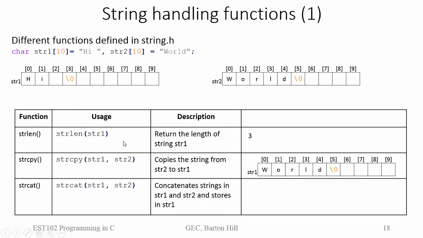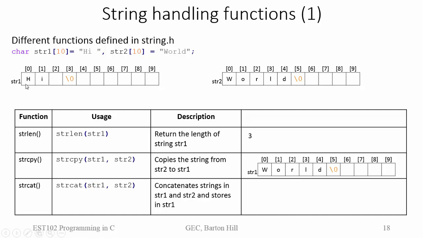Okay. Now the next function is strcat. The usage is like this: strcat with two parameters str1 and str2. So it will concatenate the content of str1 and str2 and store the result in str1. Okay, so consider this is str1, this is str2.